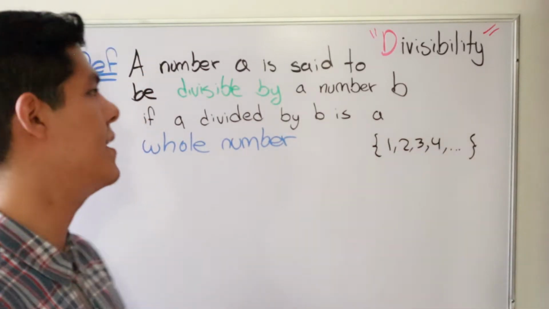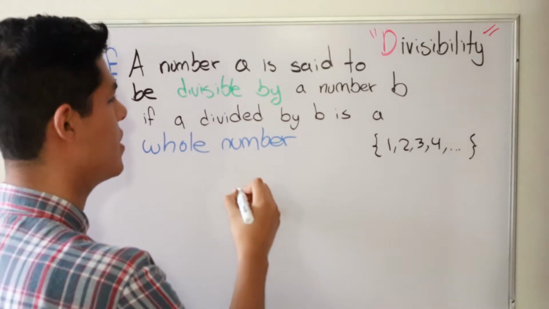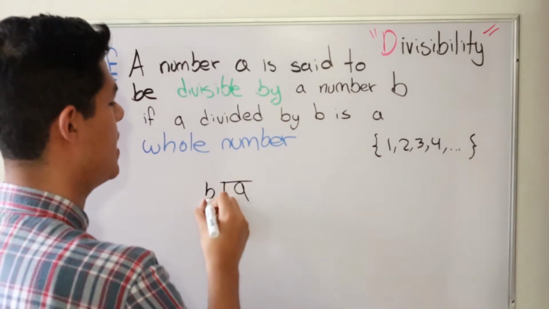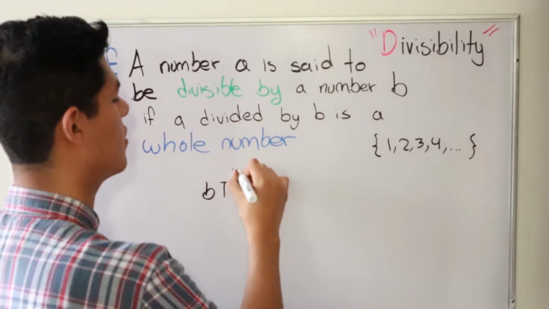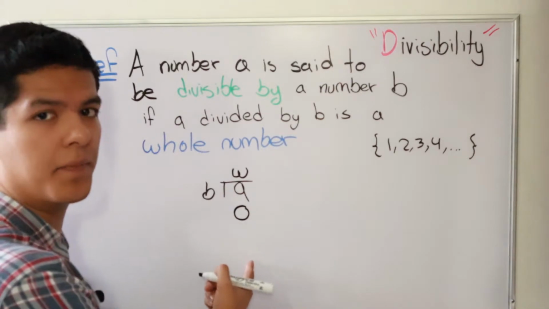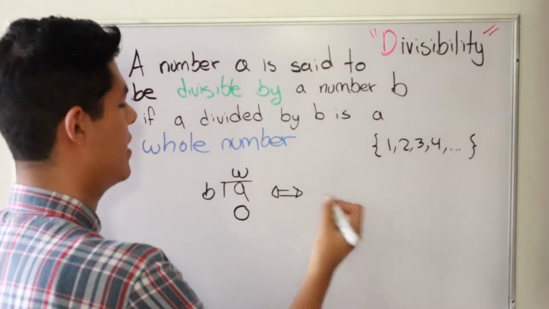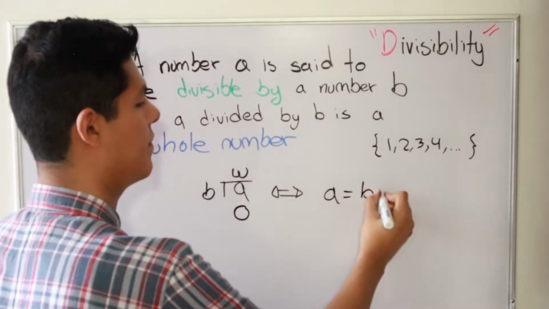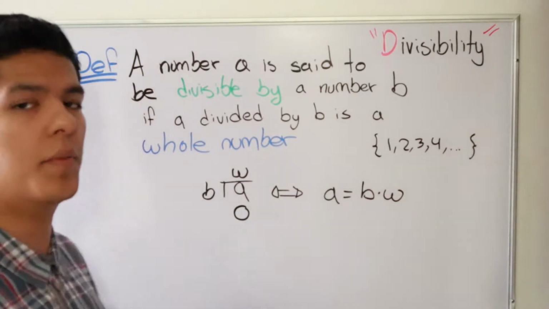So it says that if we have a division like this, if A is divided by B, we will get a whole number, for example W, and the remainder is 0. So in this case, we can say that A equals B times W, and W is a whole number.